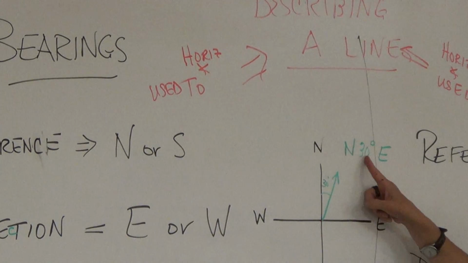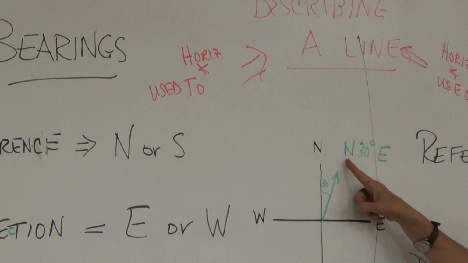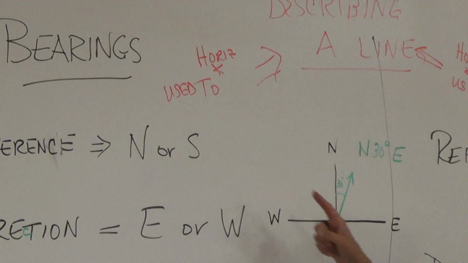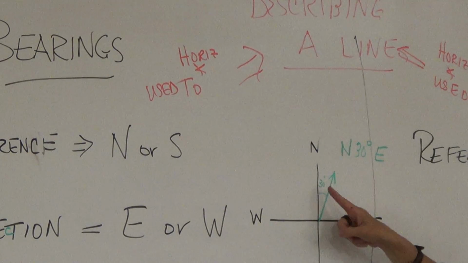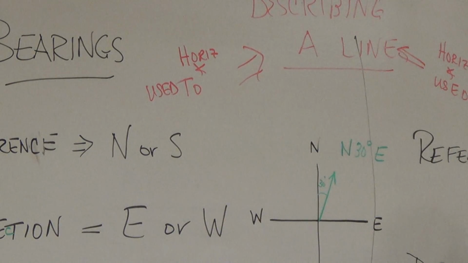So it's north, 30 degrees east. North is the reference. The direction it's going in is east. And then you put the angle from the north. That's the notation, that's how you write it.